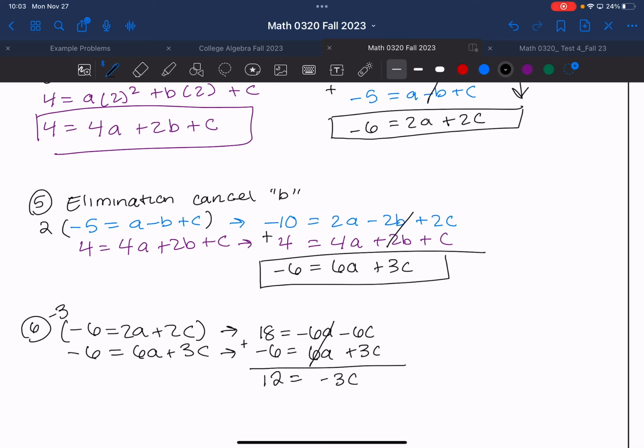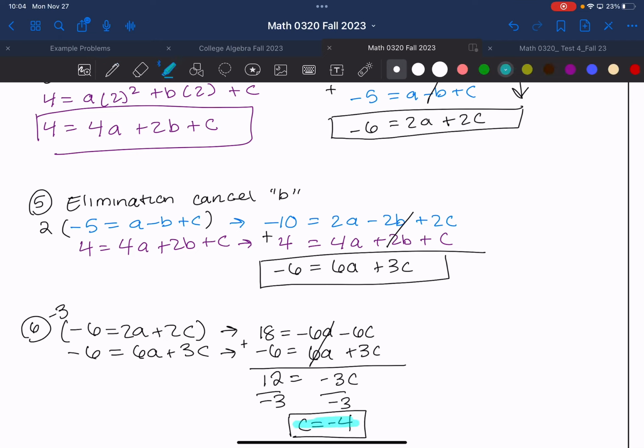Notice that the new equation that I got is only in terms of one variable, and that variable is c. Meaning I now know the value of c after I divide both sides by negative 3. I know that c is now equal to negative 4.